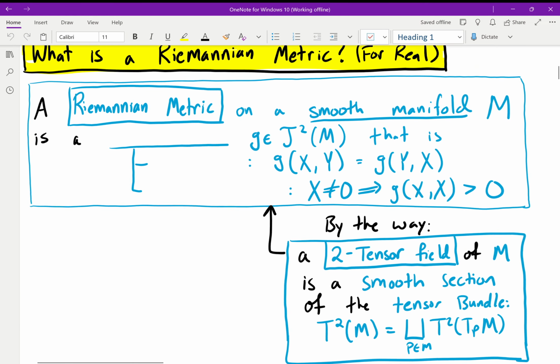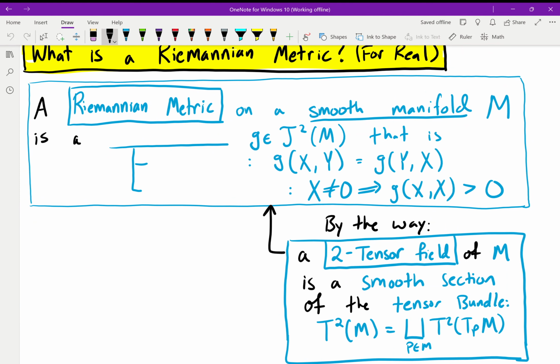A Riemannian metric on a smooth manifold is a two tensor field G that is symmetric and positive definite.